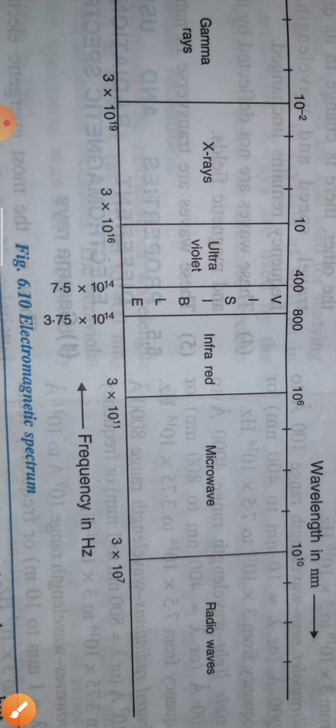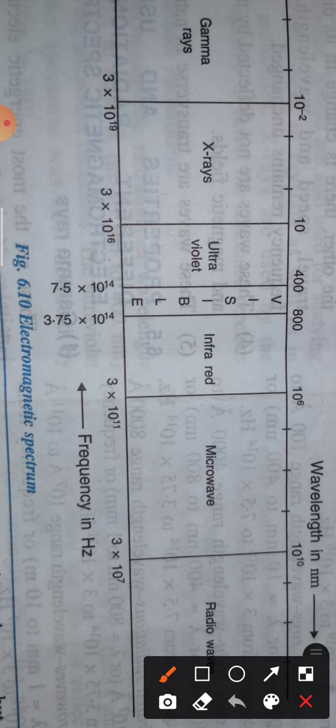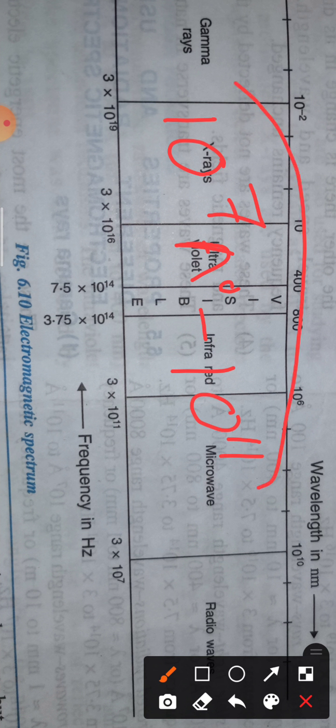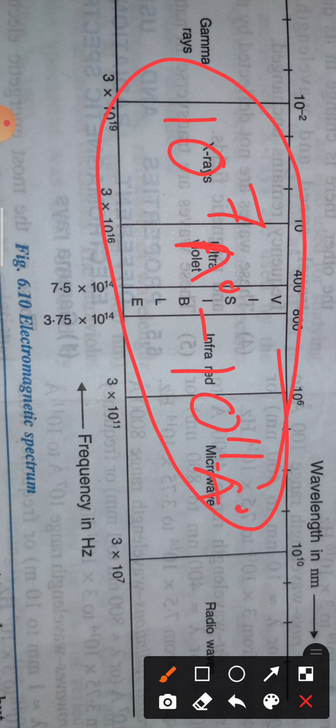After infrared, microwaves. The range of microwaves is from 10 to the power 7 angstrom to 10 to the power 11 angstrom.